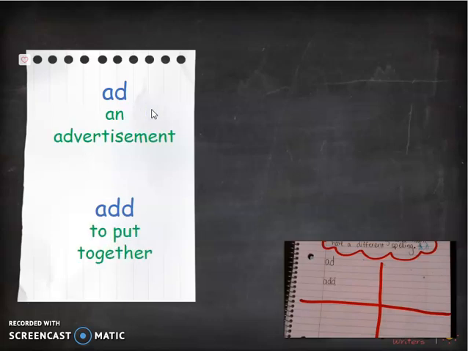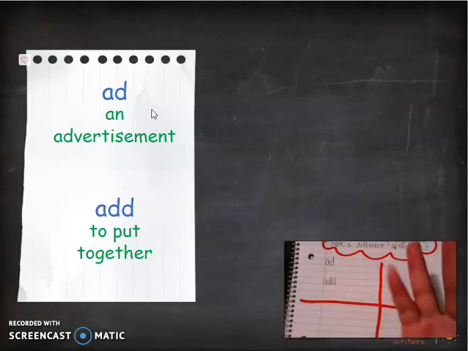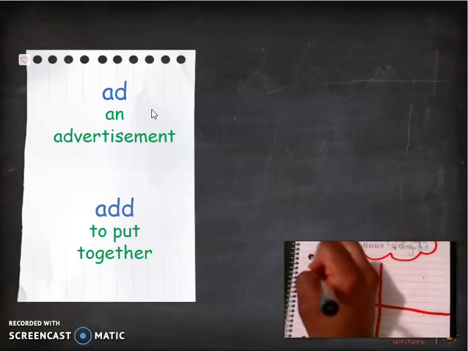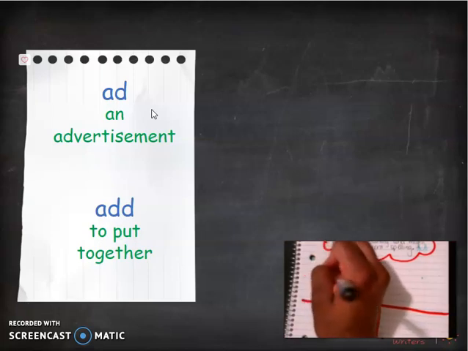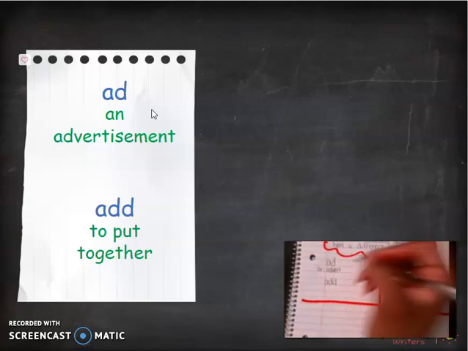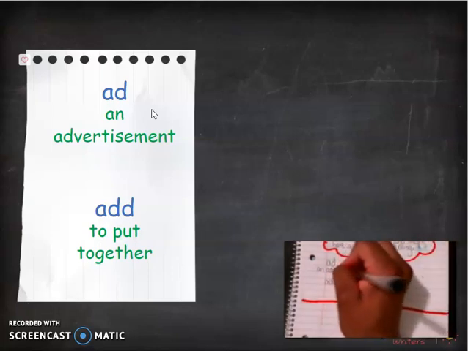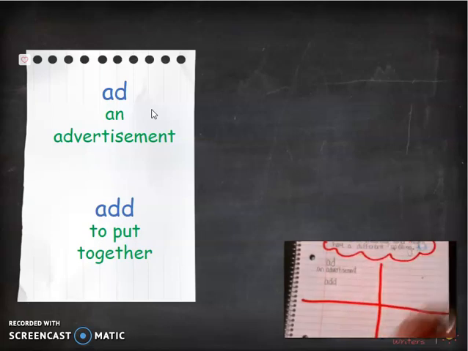Now we're going to write the definition. Ad with one D is an abbreviation for the word advertisement. So this is referring to an advertisement. Advertisements can be found on the television, in the form of commercials. They can be found in the newspaper. And then this word add, you should hear about a lot in Miss Jackson's class or in any math class.